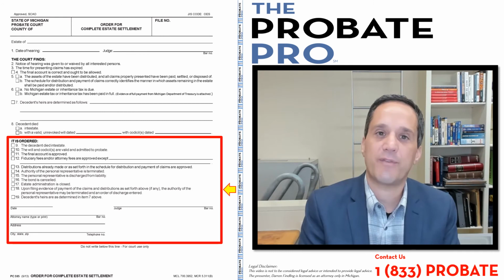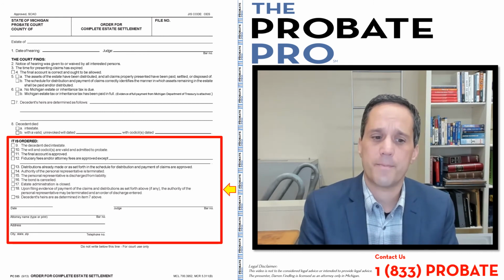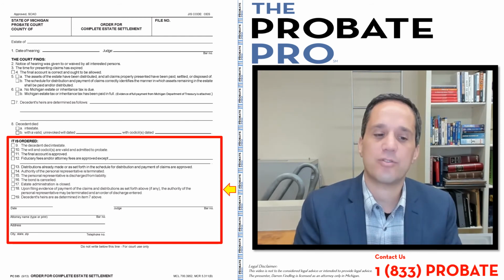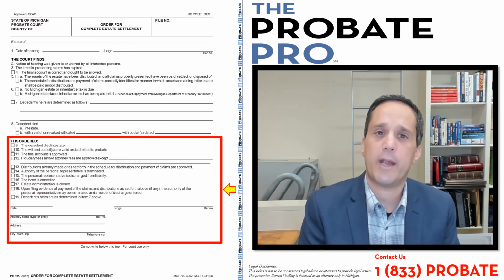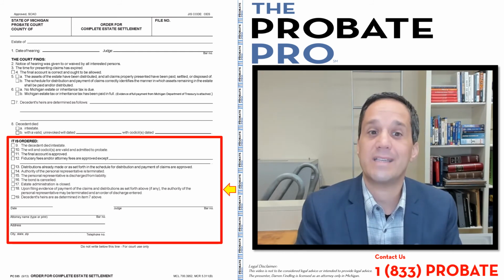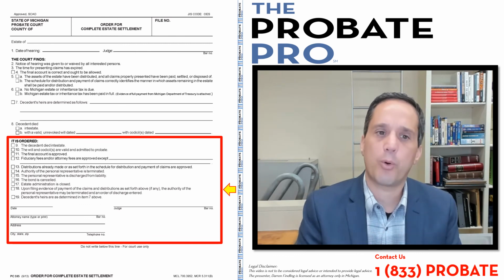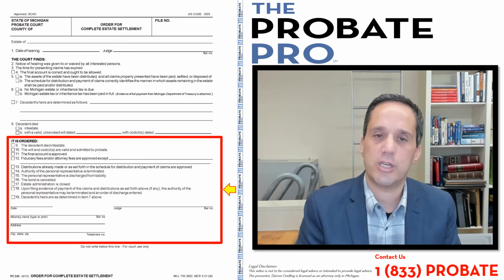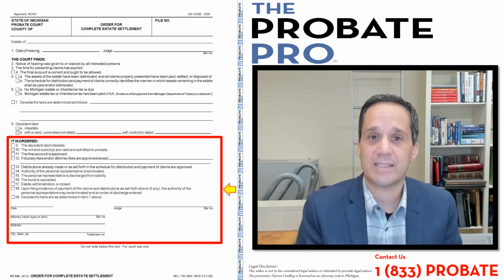And then 19 provides for the entry of the order for the determination of the heirs. The judge's signature indicating that they've entered that court order goes in the next section, and then if there's an attorney that prepared the form, the information would be contained there. So this is a really important document to use to conclude the probate administration within the probate process.